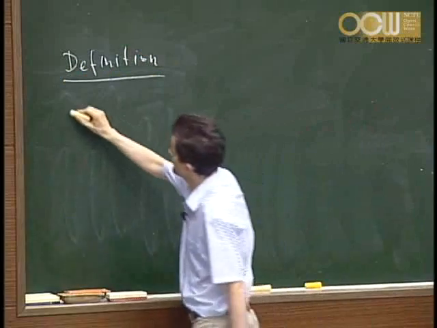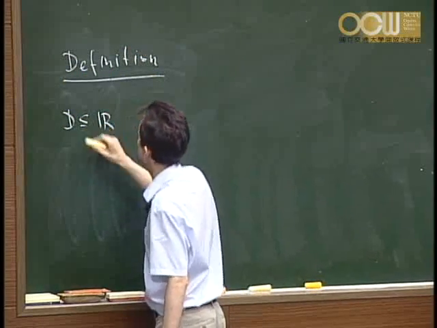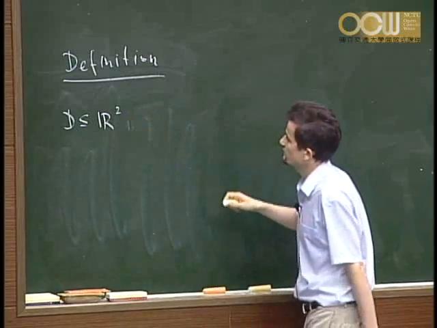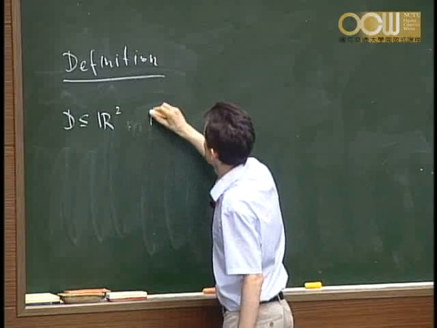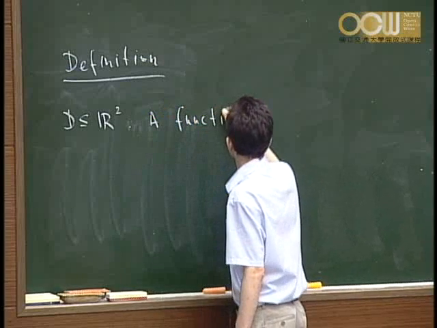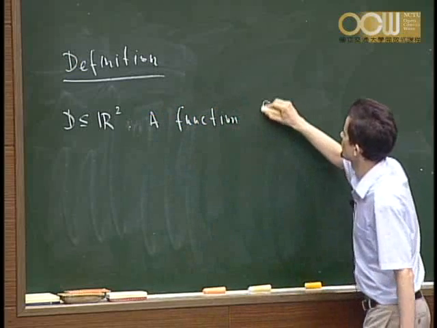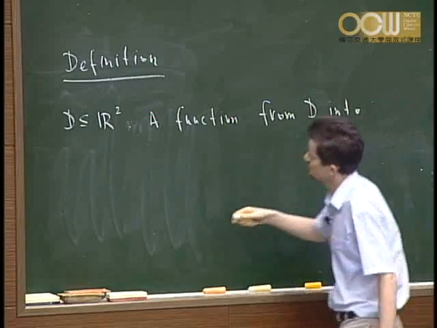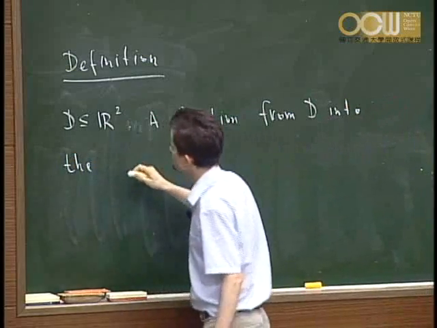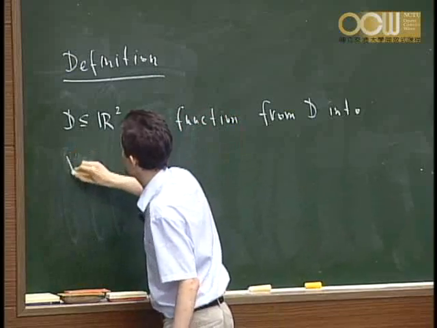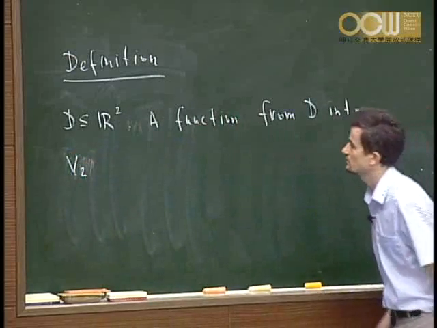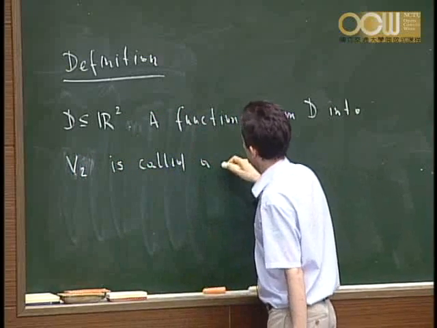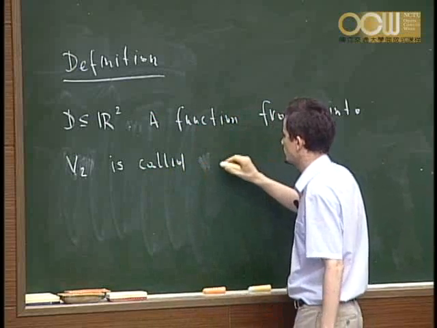Okay, so let D be a region in the plane, then a function from D into the two-dimensional vector space, which we call V2, is called a vector field, or more precisely, a two-dimensional vector field.